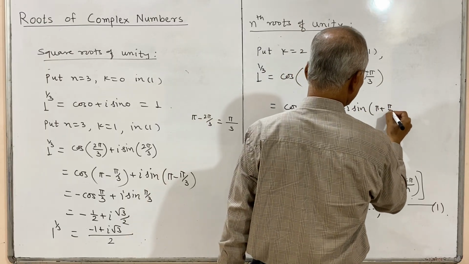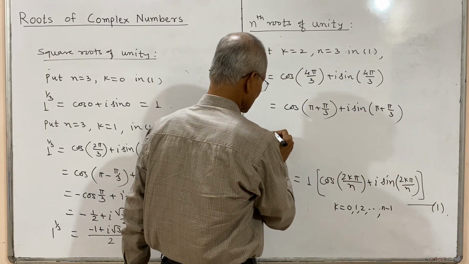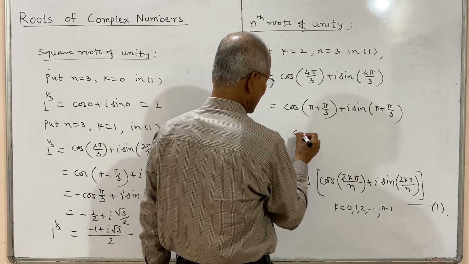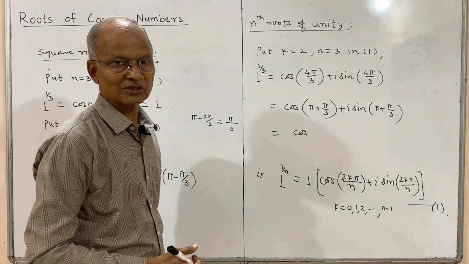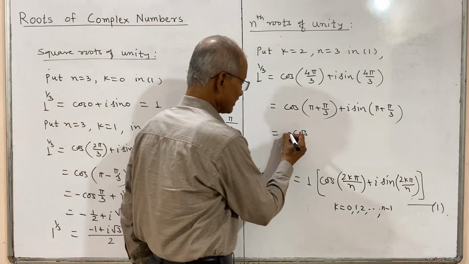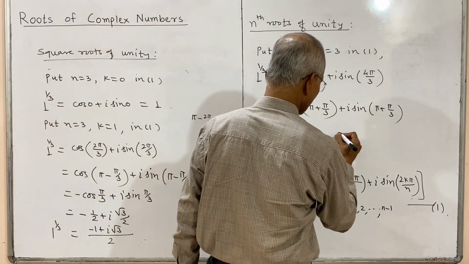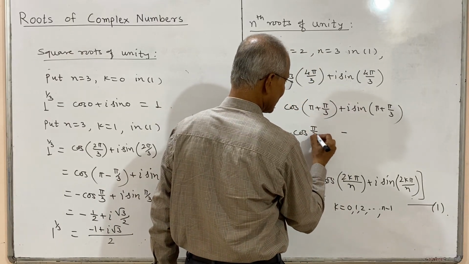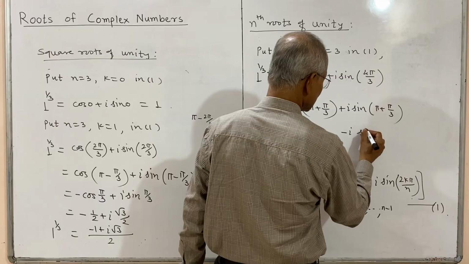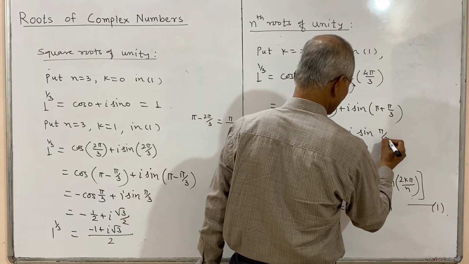And again by trigonometric formulae, cos remains cos, and the quadrant is third, since pi plus theta lies in the third quadrant, and in the third quadrant both cos and sin are negative. So minus cos pi by 3 minus i sin pi by 3.